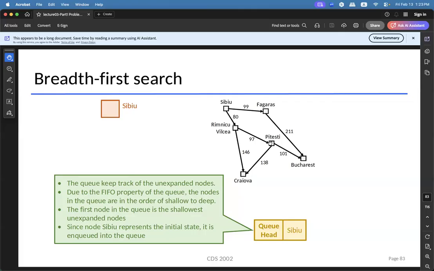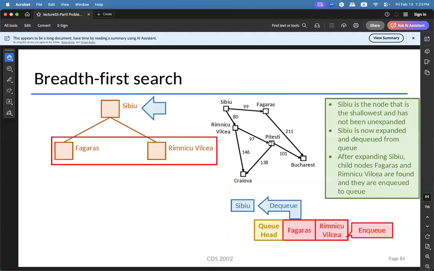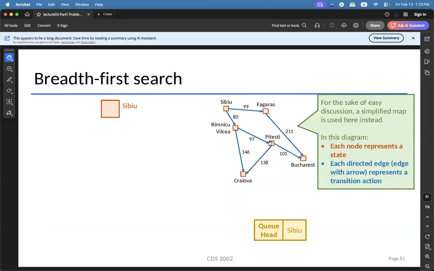Initially, just before we conduct the search, in this simplified state space diagram, we want to find a sequence of actions that allows us to transit from Cebu to Bucharest. So the initial state is Cebu.